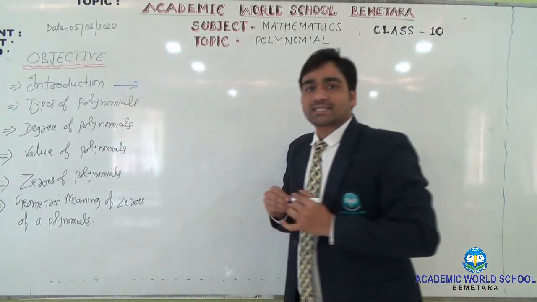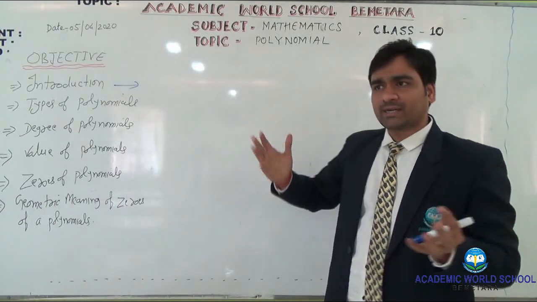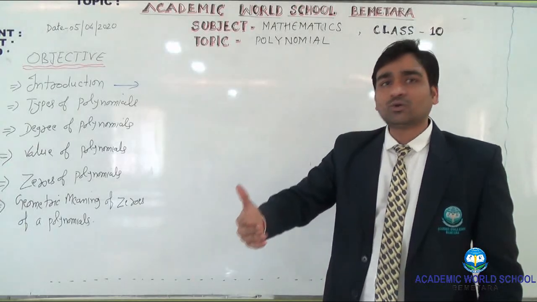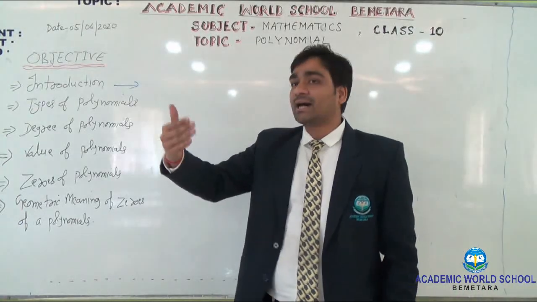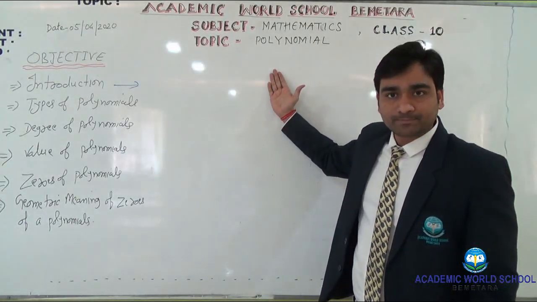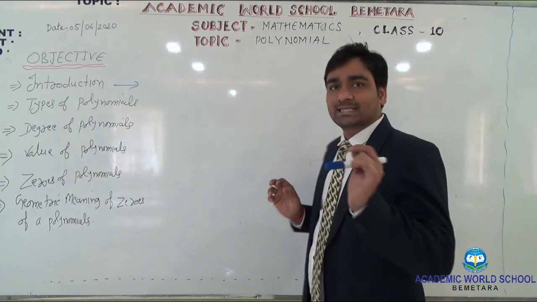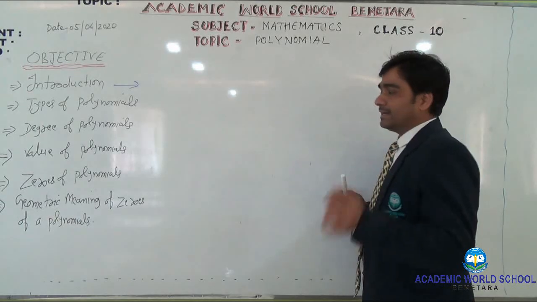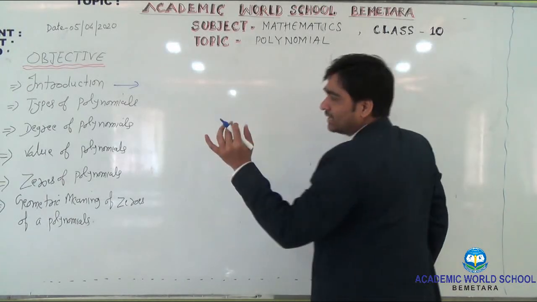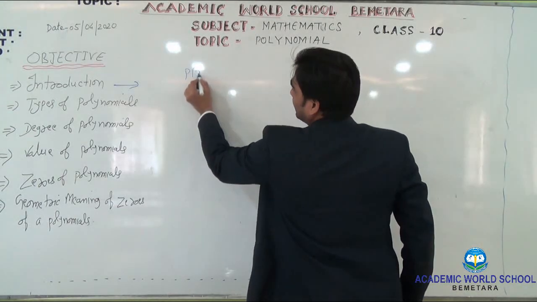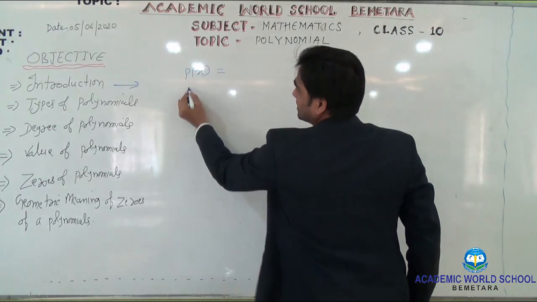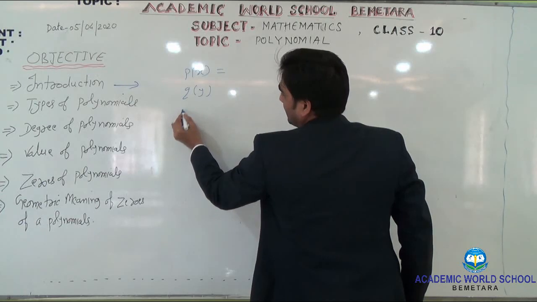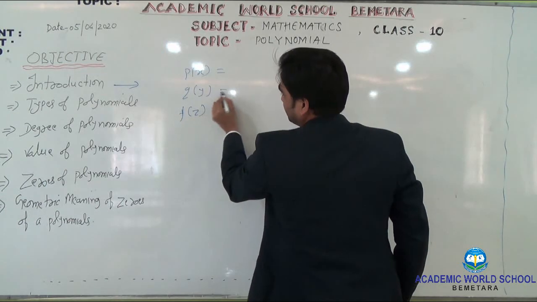So in the introduction part, this polynomial is not new for us because this topic we already studied in class 9. So I hope you all are aware about the polynomial. Polynomial is an algebraic expression which uses a single variable, like it is represented by p(x), q(y) and f(z).